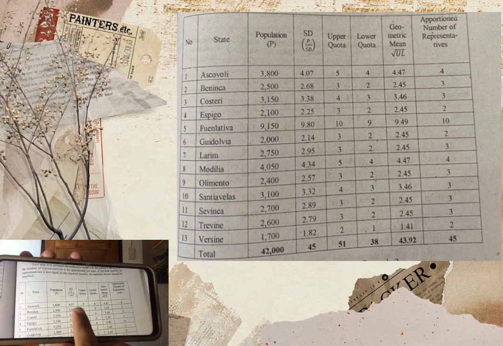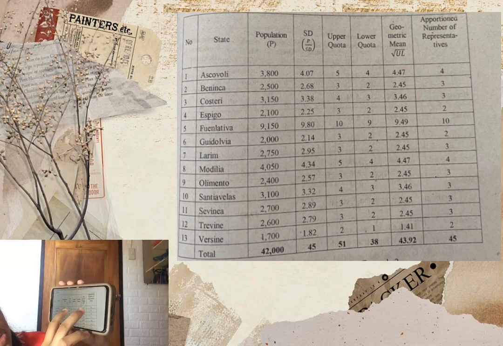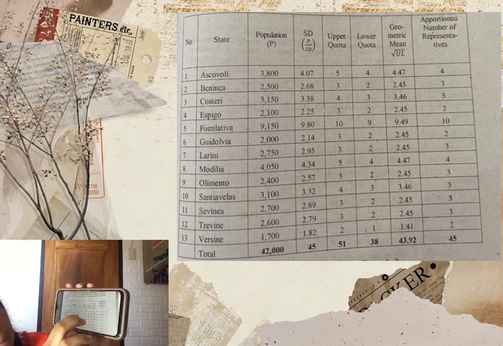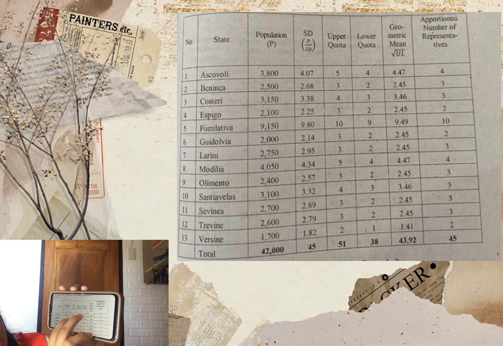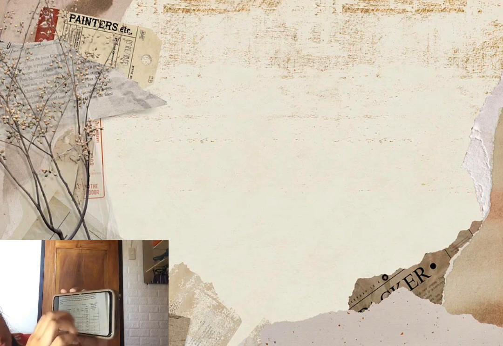Ito sa standard divisor. Para makuha yung upper quota, you need to round up yung 4, you need to round up into 5. And yung lower quota naman is, you need to round down. Di mo na kailangan i-round down kasi 4.00 na yung nandito, so copy mo lang yung 4.